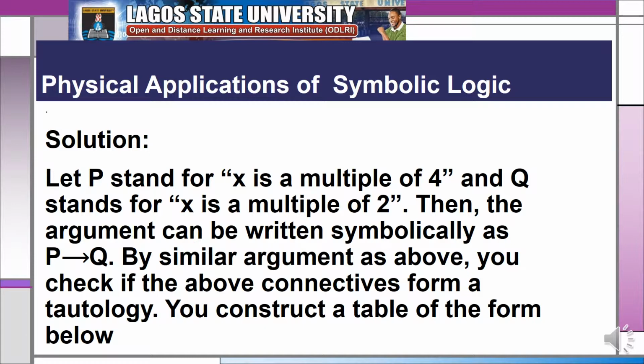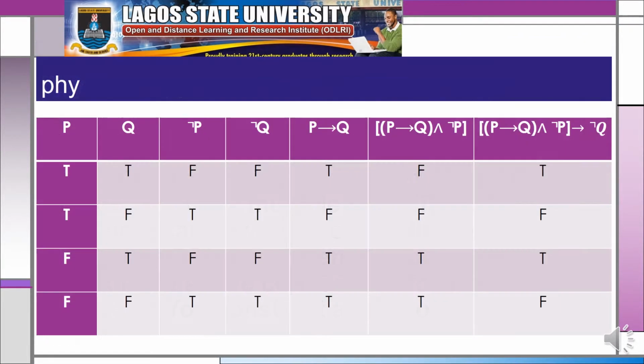To get this solved, we assume that P stands for X is a multiple of 4 and Q stands for X is a multiple of 2. Then the argument can be written symbolically as P implies Q. By similar argument as above, we check if the above connectives form a tautology. We construct a table of the form below.